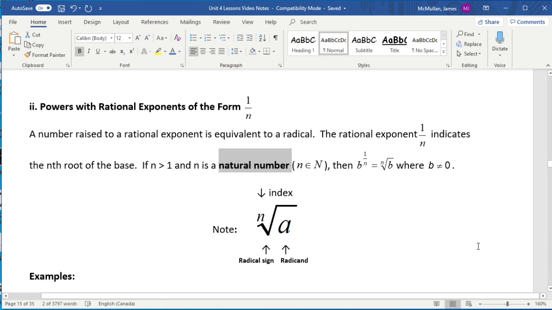So 1, 2, 3, 4, 5. Right? So the exponents we're looking at today are fractions, but the denominators inside those exponents are natural numbers. So it's just going to be like a 2 or 3 or a 4 where this n is. And basically all you need to do, you take the denominator in that equation and you place it right there in front of the square root. More often actually it's useful to go from the square root over to the exponential, as you'll see.